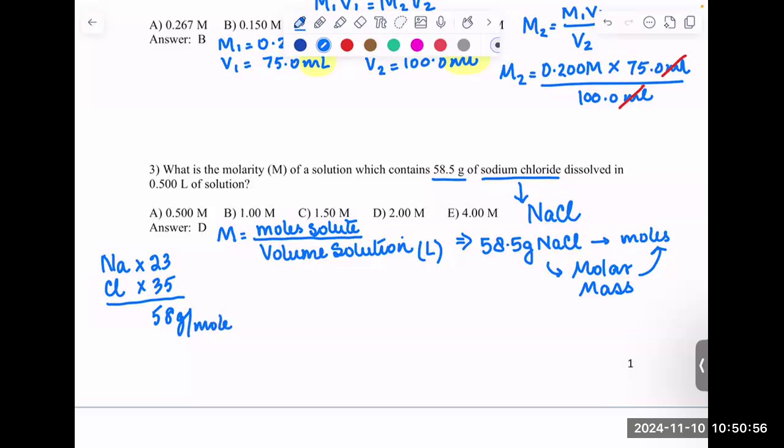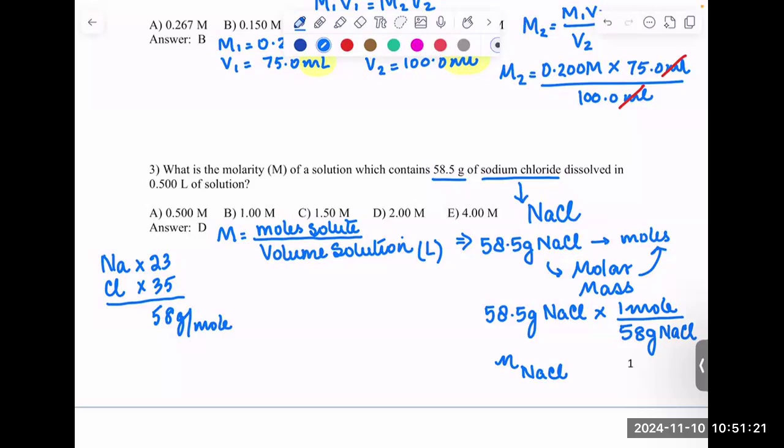So now what do we do? 58 grams per mole, convert that. So 58.5 grams NaCl times 1 mole over 58 grams of NaCl. Whatever answer you get, that is the moles of NaCl.